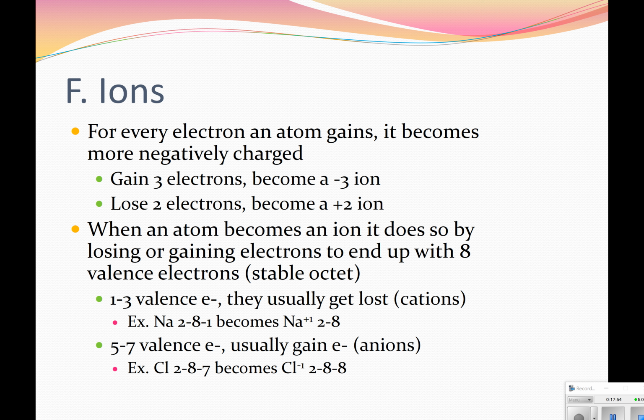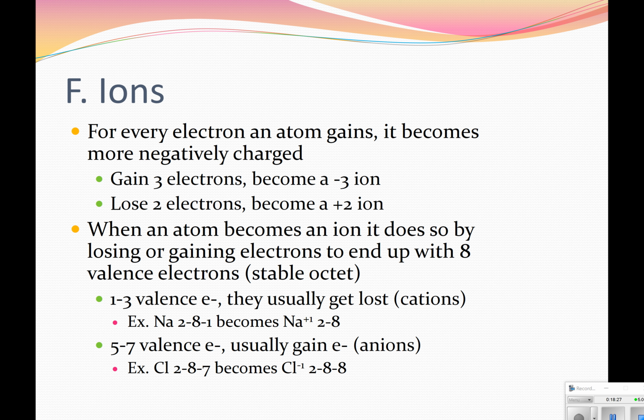Now, an atom becomes an ion. It's trying to gain or lose electrons, so it can end up with that stable octet, a full valence shell of 8 electrons. Now in general, when an atom has 1 to 3 valence electrons, they usually get lost and become a cation. For example, sodium in group 1 likes to lose that outer 1 electron and become a +1 sodium ion and have a noble gas configuration of 2,8.